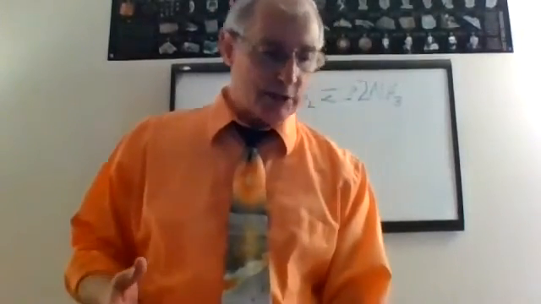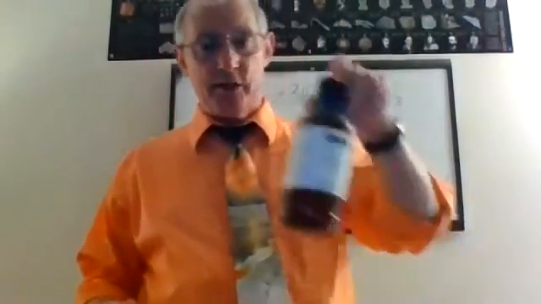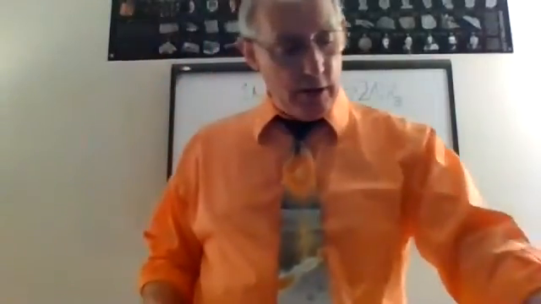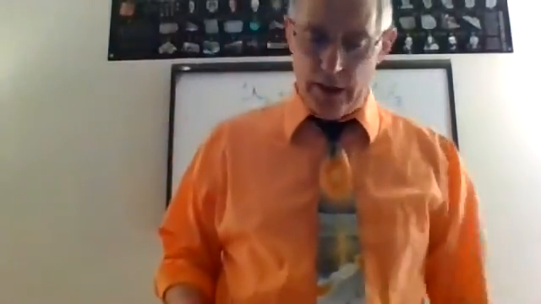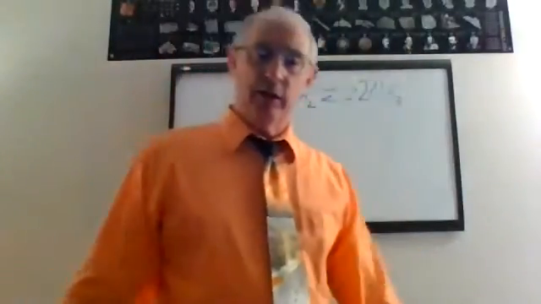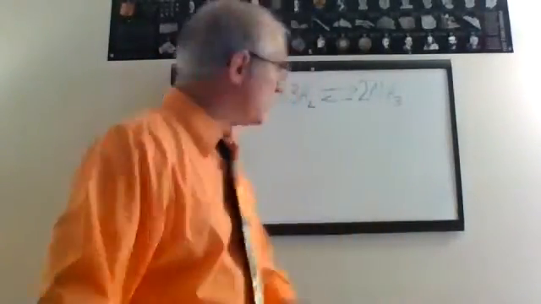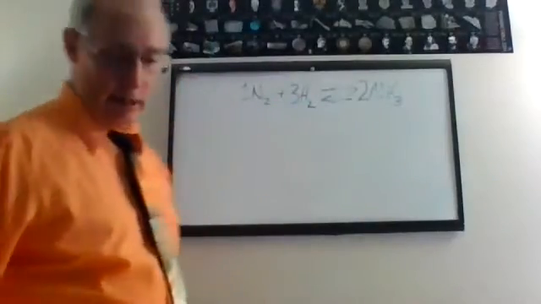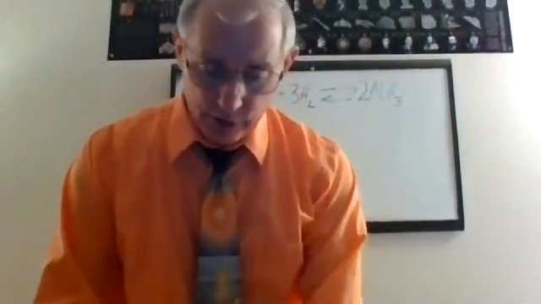But this chapter talks about ionization constants for equilibrium. It talks about dissolution constants for equilibrium. And it talks about chemical equilibrium and reactions. And the one that I want to talk about is that reaction right there. It's called the Haber-Bosch process, and it's used constantly in industry.